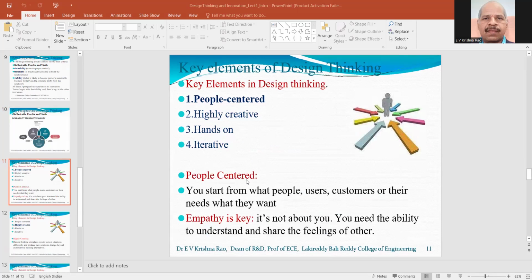What do you mean by people-centered? The people, users, customers, and the needs of the customers. How do they feel? What do they expect? What are they expecting as the need of the society or people?